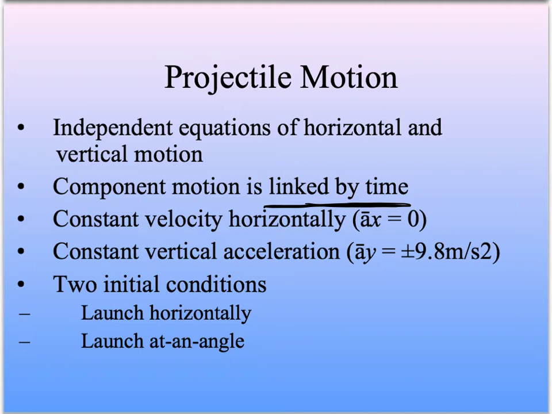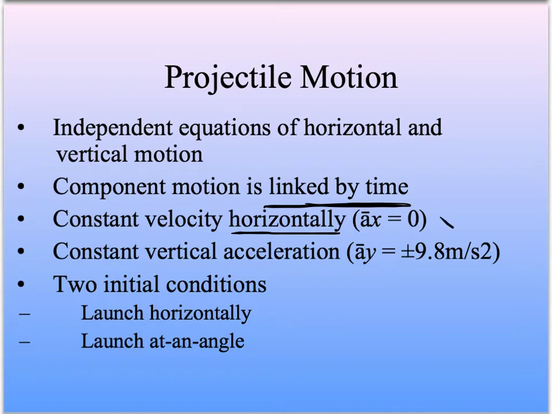Now, the following is something that people get confused fairly frequently. First, when you're dealing with horizontal motion, because we're ignoring air resistance, and because there are no other forces acting on a flying object horizontally, acceleration is 0.